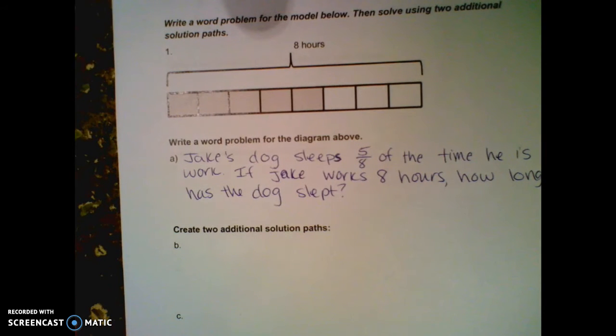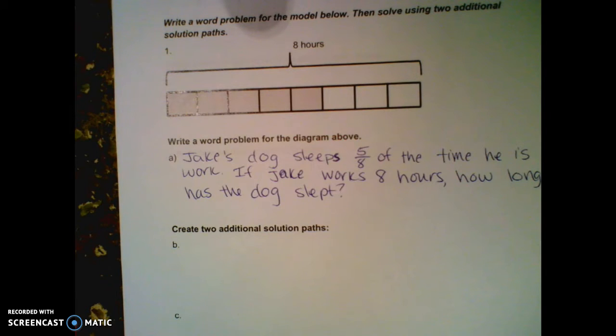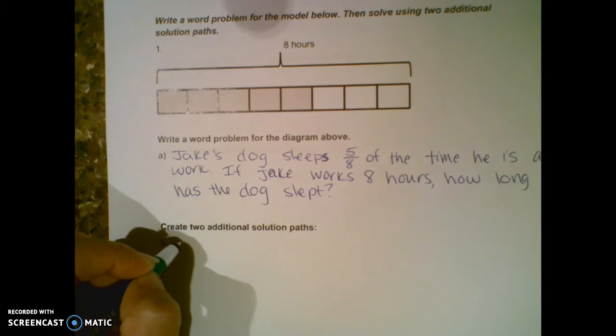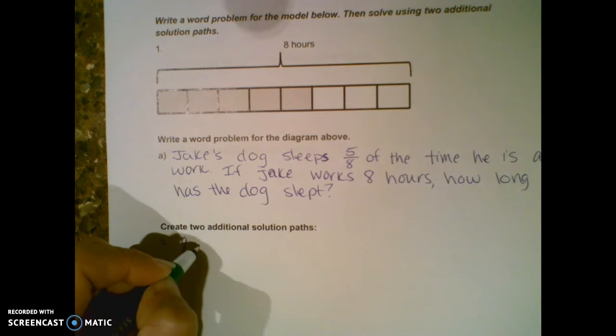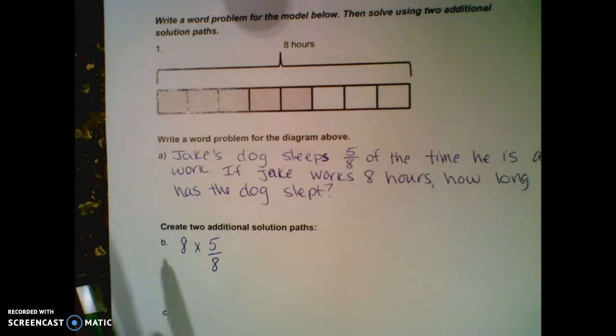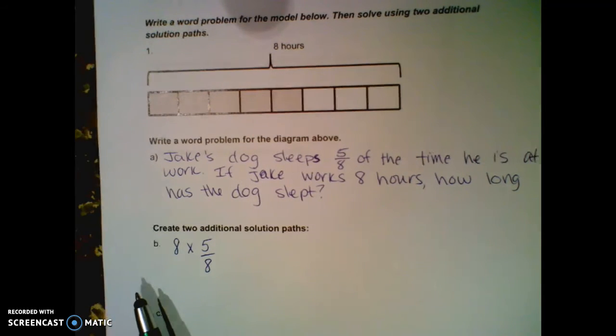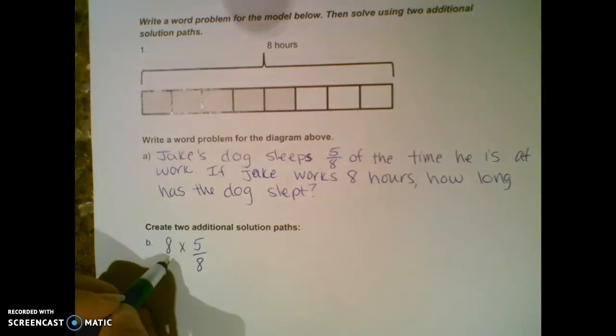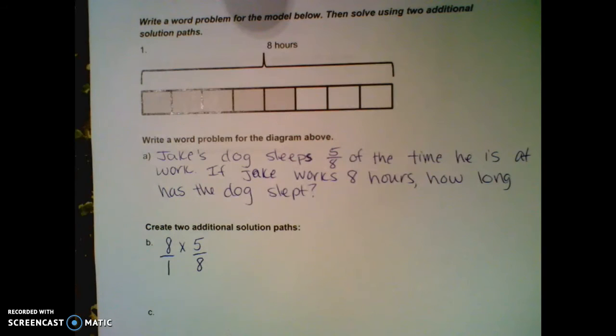So what you're going to do is create 2 additional solution paths. The dog sleeps 5/8 of that 8 hours, so I know it's a multiplication problem. I can use the standard algorithm as one of my representations.